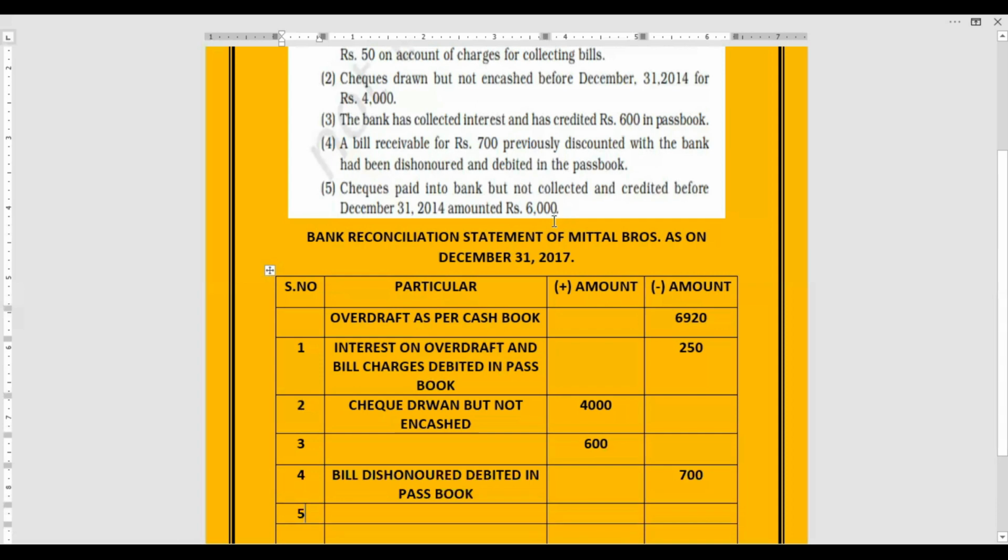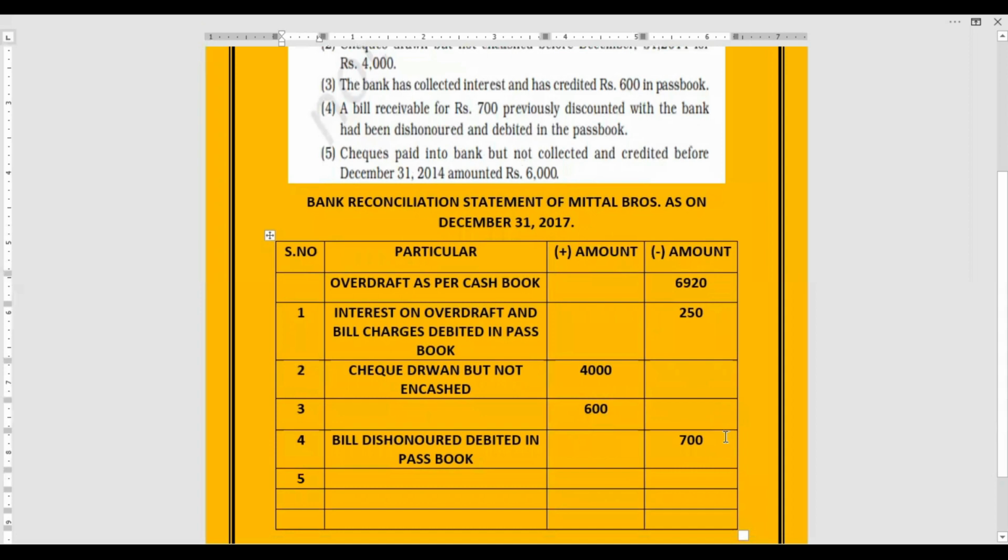But as soon as Mittal Brothers deposited the cheque into the bank, the cash book was increased by 6,000. So the cash book increased, but in the passbook there is no change. In order to rectify that, we have to decrease. This 6,000 also we have to decrease.